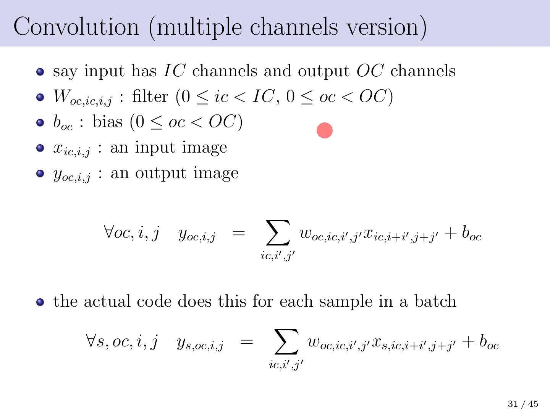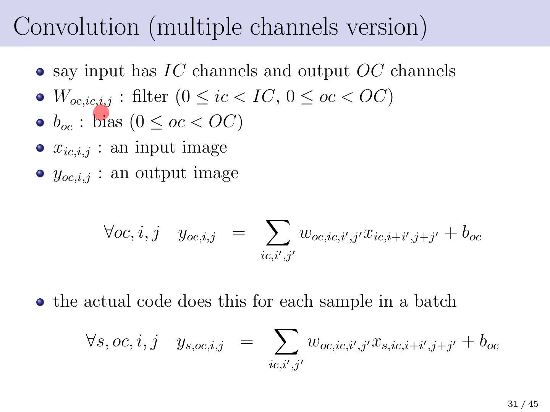So this is the single channel version, and the actual implementation of both input images and output images have multiple channels. So let's say the input image has IC number of channels, and the output images have OC number of channels.